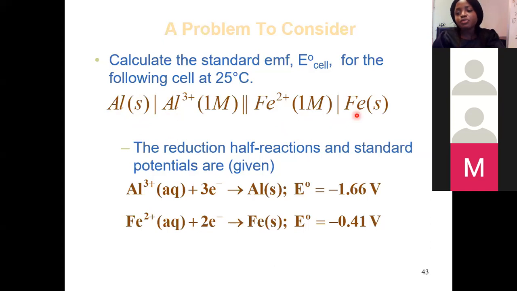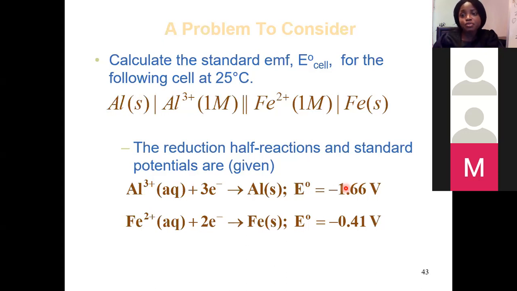So now that you've been able to tell which is reduction and which is oxidation, if you have this kind of equation, straightforward, without even balancing the equation, you can get your answer. If you decide to use E naught cell is equal to the E naught on the right minus the E naught on the left, right minus left, reduction minus oxidation.